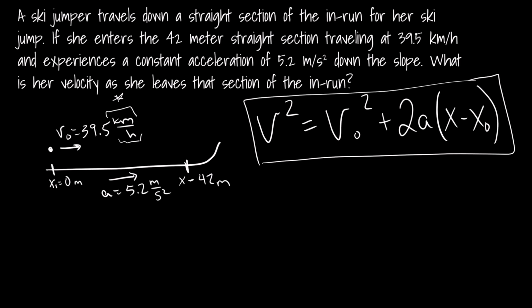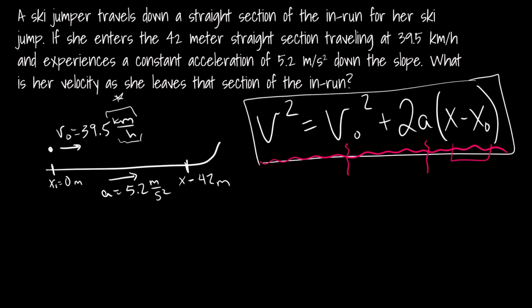And that is all we know, folks. So this is one where we have no time information. So if you have no time information, this third equation that we're going over is a useful one to use. Okay, so we do know initial velocity, we know acceleration, and we know the displacement.